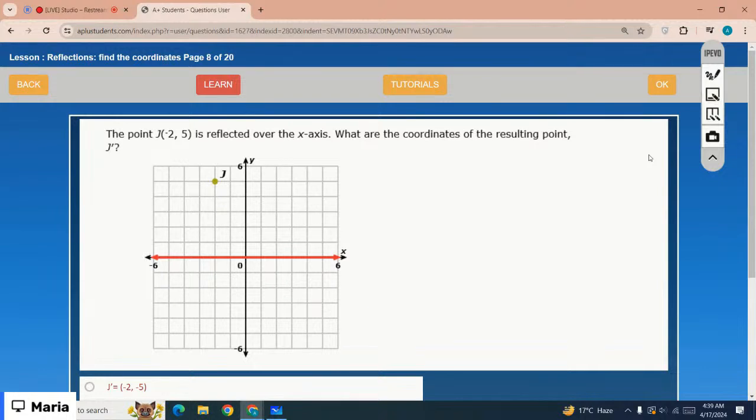The point J, negative 2, 5 is reflected over the x-axis. What are the coordinates of the resulting point?